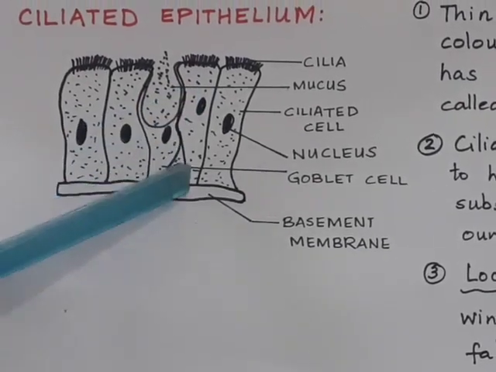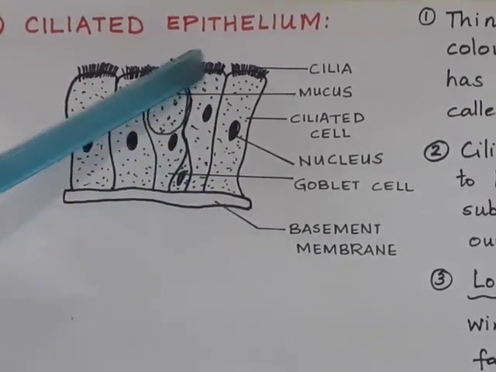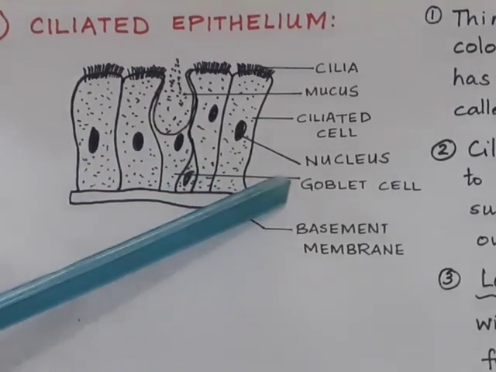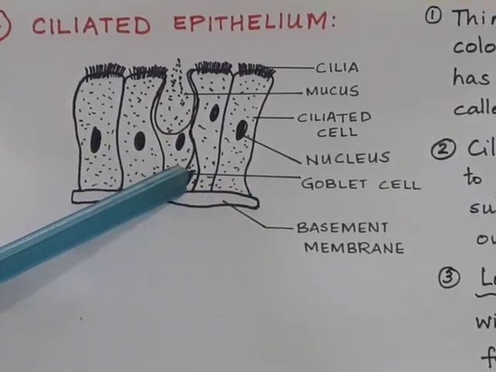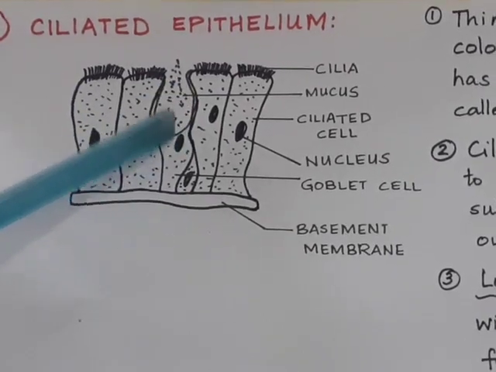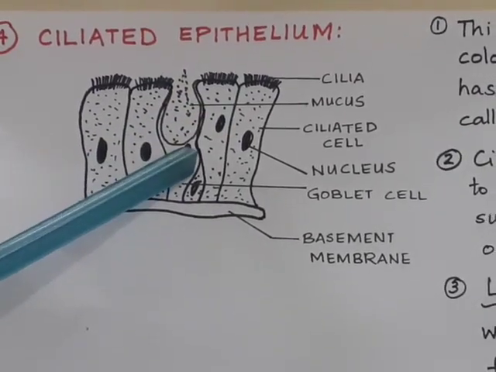In between these columnar cells, one of these is modified to form a goblet cell. Here you can see the goblet cell, which has mucus. They secrete the mucus.